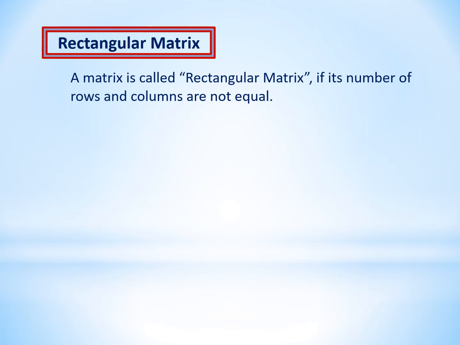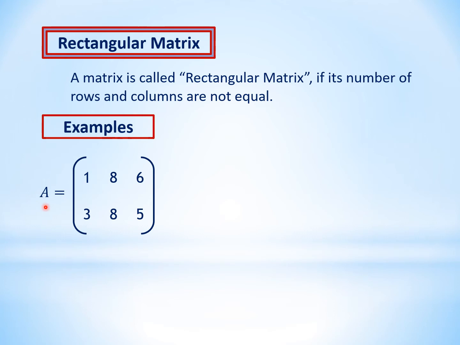Rectangular matrix. A matrix is called rectangular matrix if its number of rows and columns are not equal. So if the number of rows and columns are different, not equal, then this matrix is called rectangular matrix. For example, A. This has 2 rows and 3 columns and its order is 2 by 3, and you can see the number of rows is 2 and the number of columns is 3 and they are different.